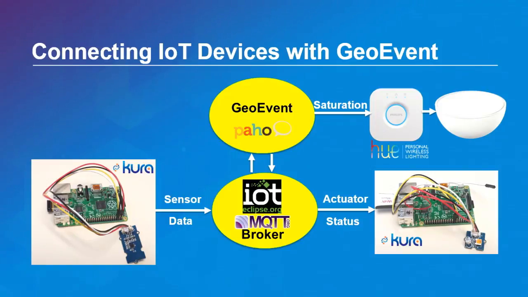And both devices have a software module called Kura installed on it. Kura is an application container based on OSGi. It has modules that enable the device to read sensors and to control the actuators while communicating with the MQTT broker. And the MQTT broker can be anywhere on the internet.